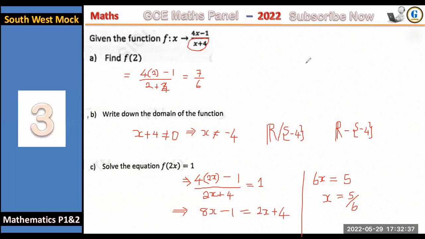Okay, any questions on this particular one? So I don't understand how you came out with the solution of this C. Of this C from the beginning? Yes, sir. What you just have to do is look at the question. The question has stated that f of 2x. What they gave us above here is f of x.